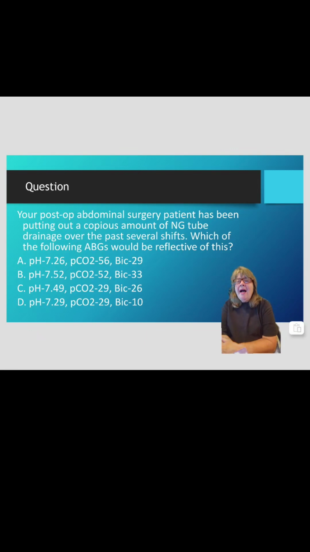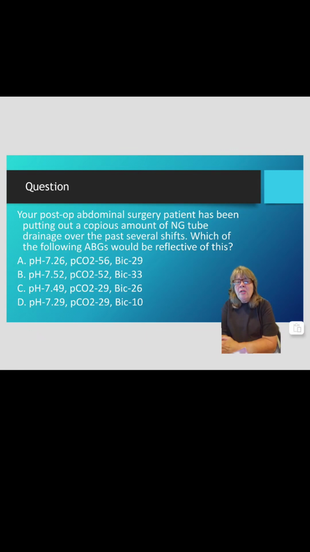But anyway, when patients undergo abdominal surgery, the biggest thing is what? Because of all that NG tube suctioning, we're suctioning out hydrochloric acid. And as we suction out hydrochloric acid, it results in an alkalotic environment.